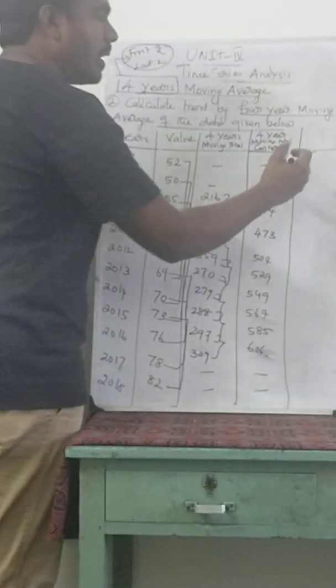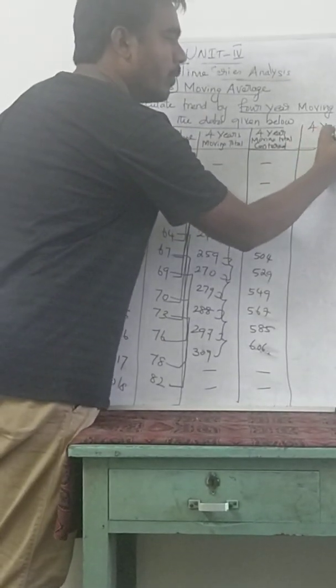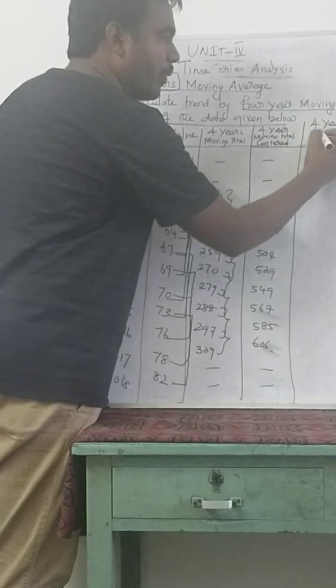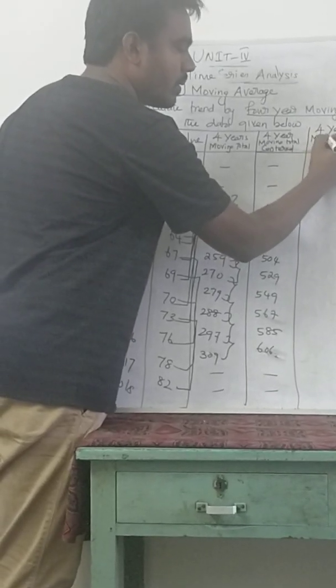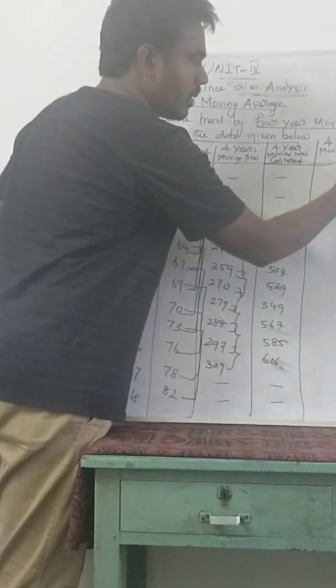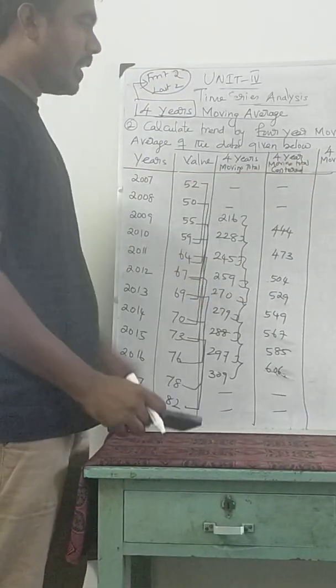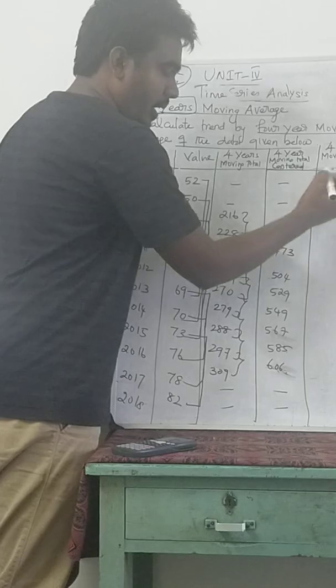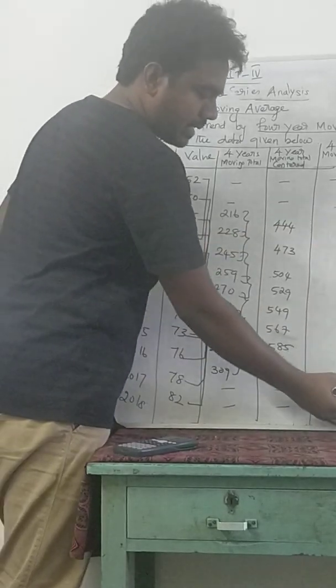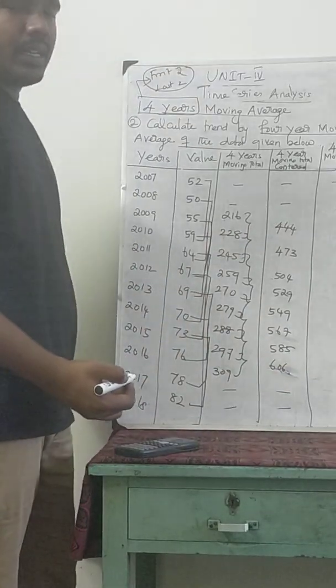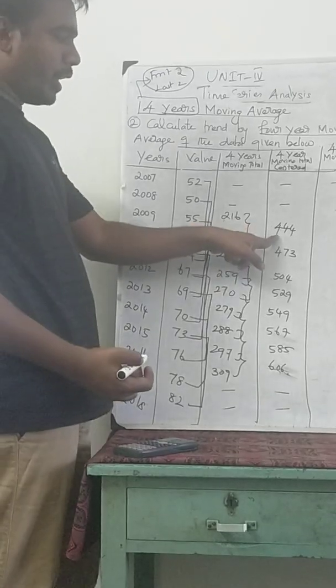The last column will be the 4 years moving average. This is what we need, the 4 years moving average. So how are we going to find this 4 years moving average? Again I told you already, for the first 2 years and last 2 years we cannot find the trend. So here 444 we got it.